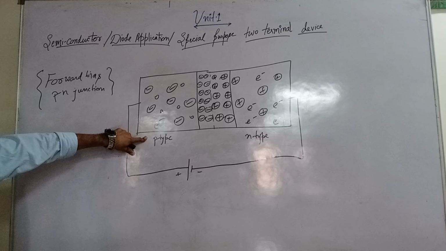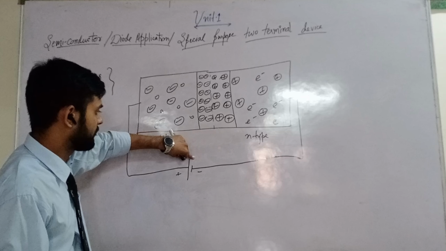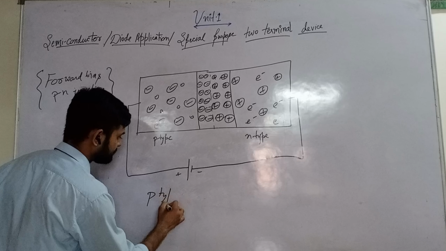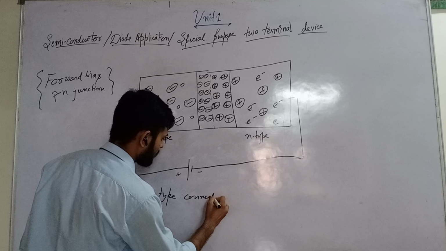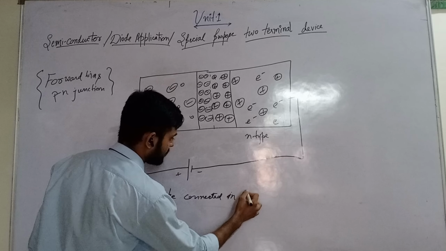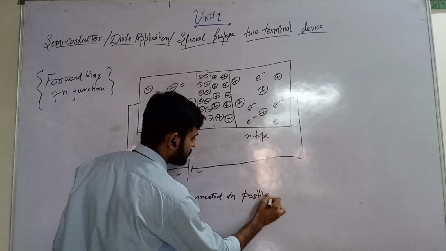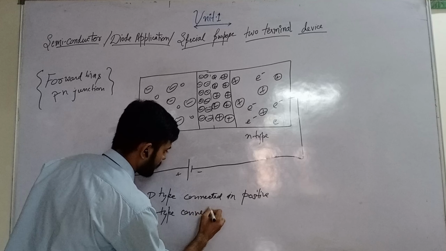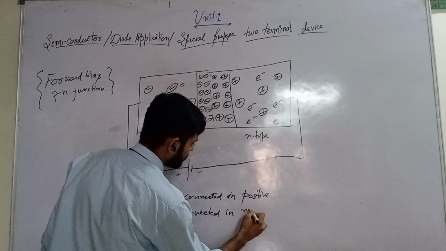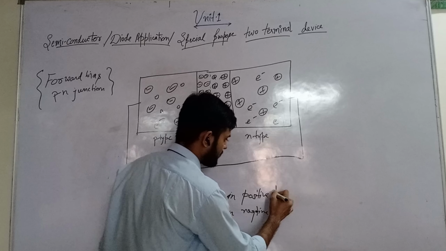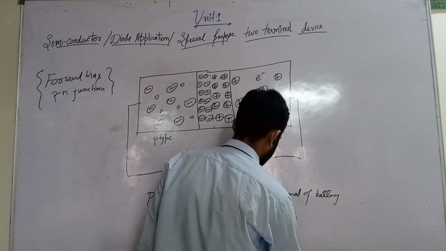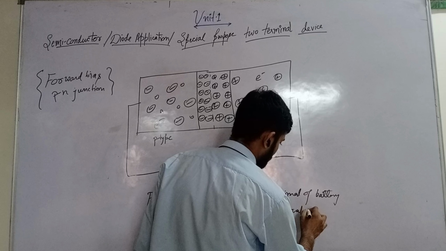If the P type semiconductor is connected to the positive terminal of the battery and the N type semiconductor is connected to the negative terminal of the battery, then this is P type connected to positive, N type connected to negative terminal of the battery.